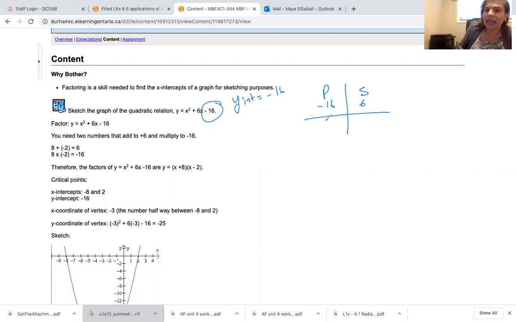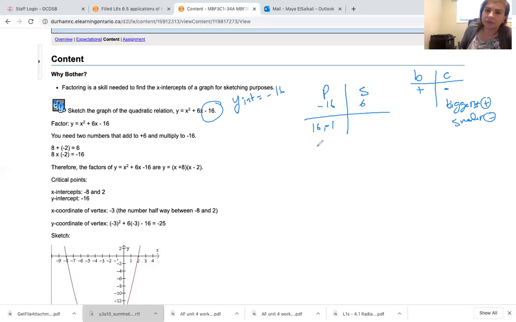Remember, if B is positive and C is negative, then the bigger number is positive and the smaller number is negative. So remember that. What multiplies to negative 16? 16 and 1, because the smaller is negative, it's 16 and negative 1.